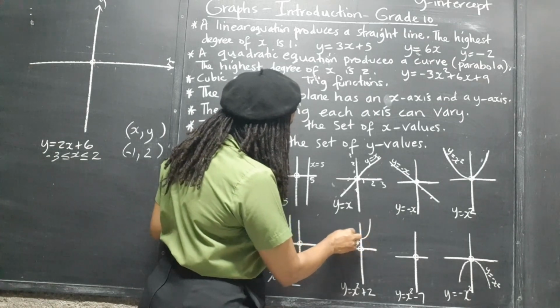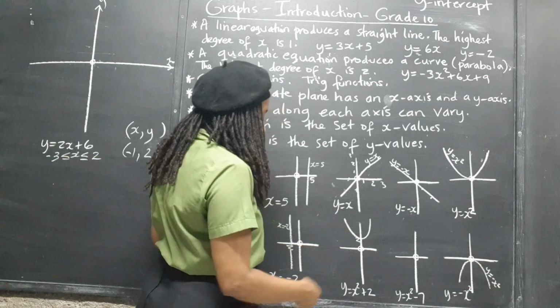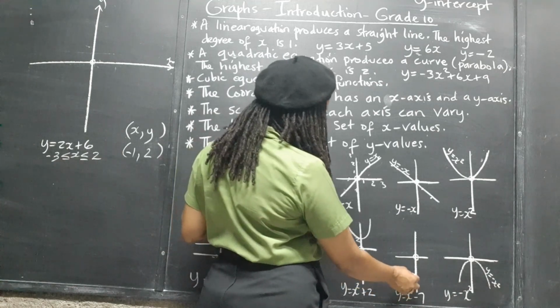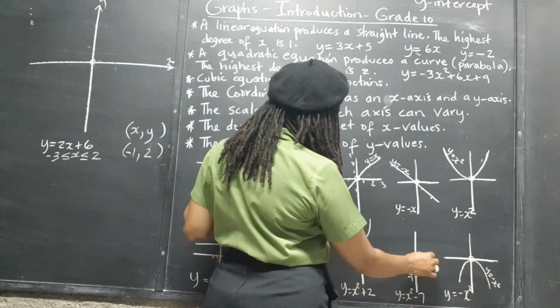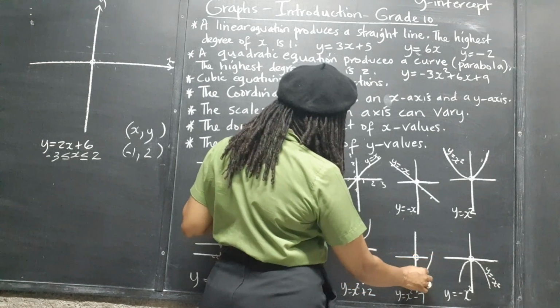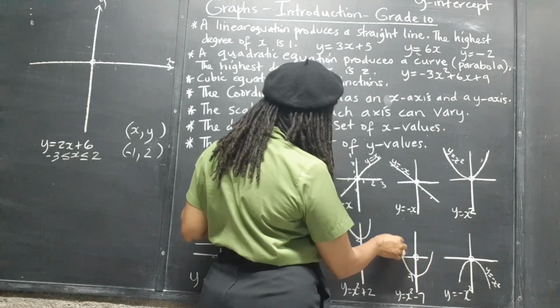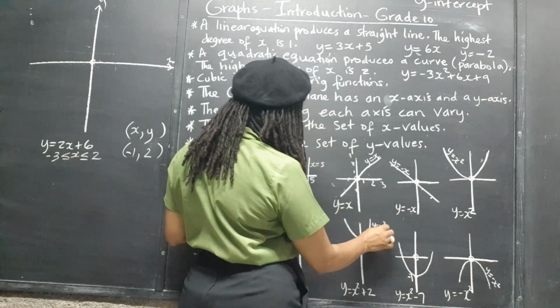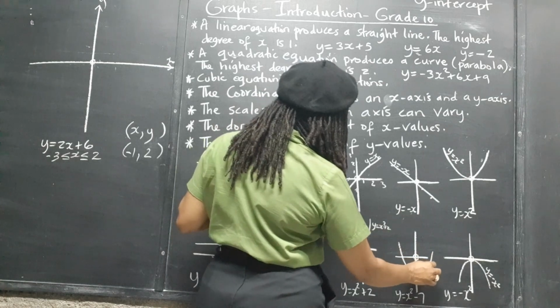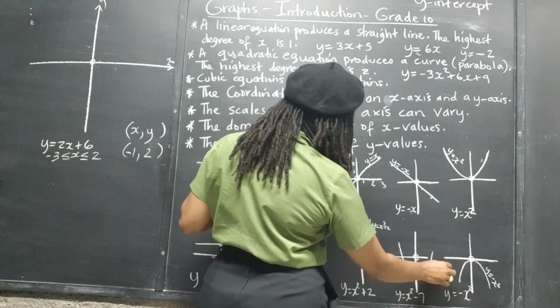So this is y equal x squared plus 2. Y equal x squared minus 7 will shift down to negative 7, still maintaining that curve but shifting down, right? Y equal x squared plus 2, y equal x squared minus 7.